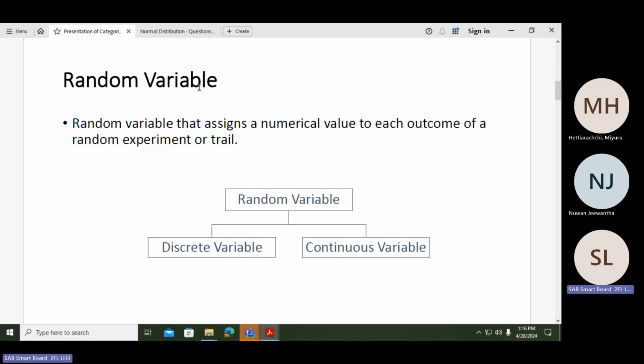Then in here, how many heads? 2. In here, how many heads? 0. Here 1. Then what are the values of X? What are the numerical values that can be assigned to X? 0, 1, 2. Now clear? The random experiment is tossing a coin twice.